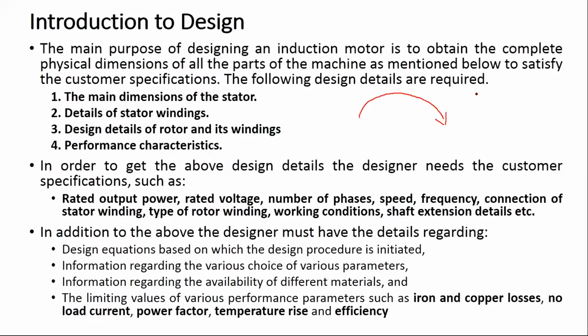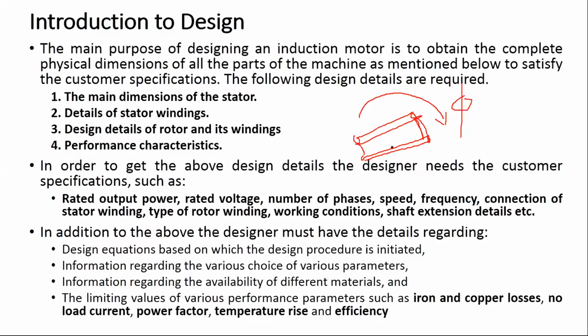So it rotates, and when this flux interacts with the conductors, these conductors which are placed into the slots are connected back to back to one another. So what actually happens in a three-phase induction motor is you have a rotating flux and stationary conductors. This rotating flux is cutting the stationary conductors.